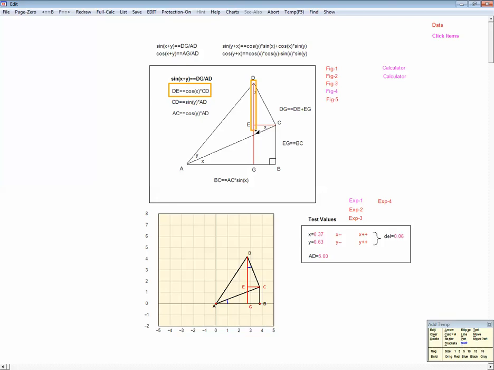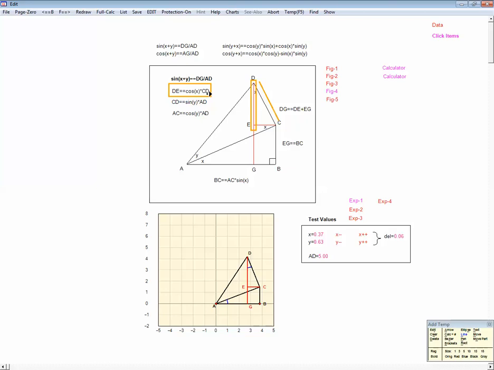And let's find CD. Well, CD would be the hypotenuse of this little triangle, DEC. And clearly, if you divide through our formula by CD, you get the true expression, cosine of x equals DE over CD.